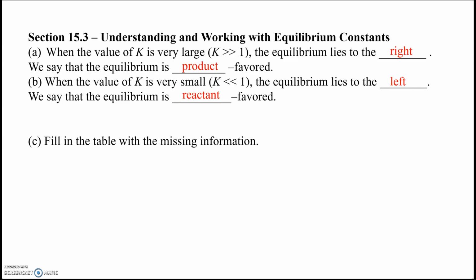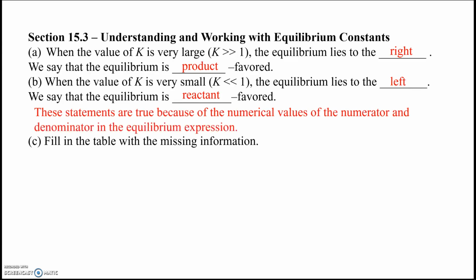So we say that the equilibrium lies to the right. And conversely, when that number is very, very small, I've made essentially no products, and I still have essentially all of my reactants in the reaction vessel. So my equilibrium lies to the left, and we say that it is reactant favored.